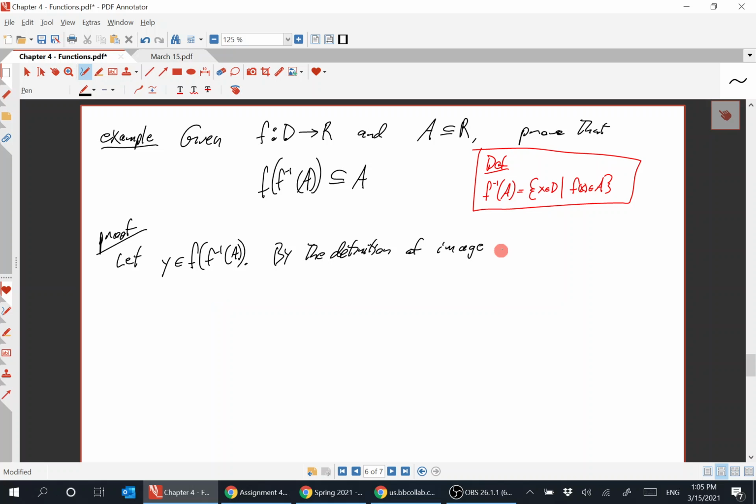There's some x in the preimage such that y equals f of x. There is x in the preimage of A such that y is equal to f of x.